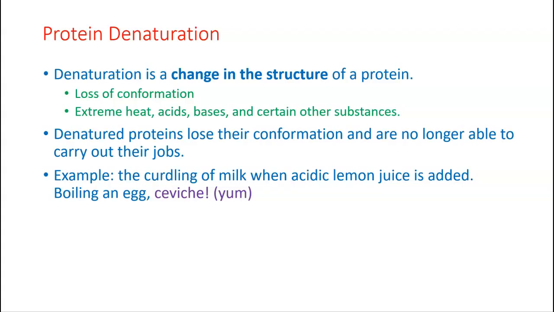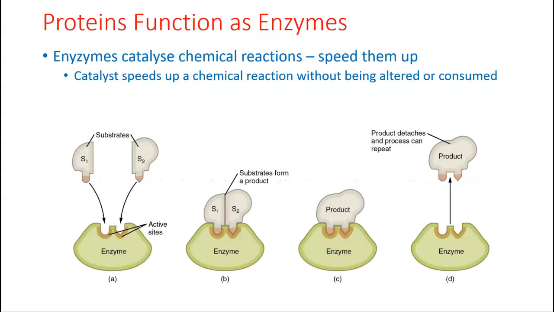It might be lime, doesn't matter. And the acid in the citrus, the citric acid, denatures the fish and essentially cooks it. So that's ceviche. Some of you have probably had it, some of you haven't. If you haven't, I highly recommend it. I'm not a big seafood person, but ceviche is quite delicious.